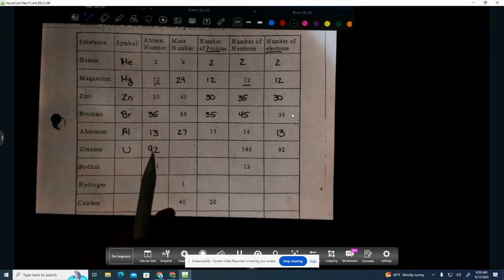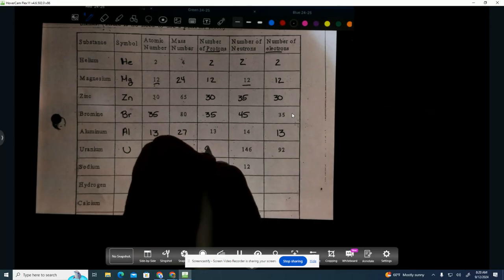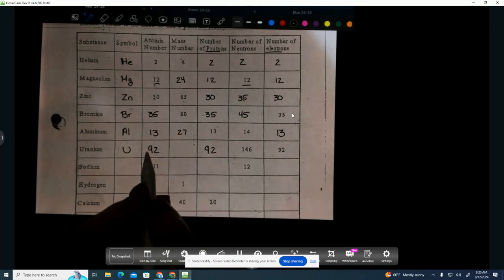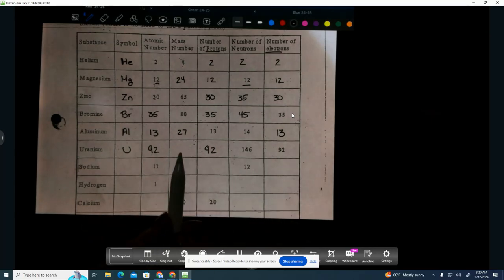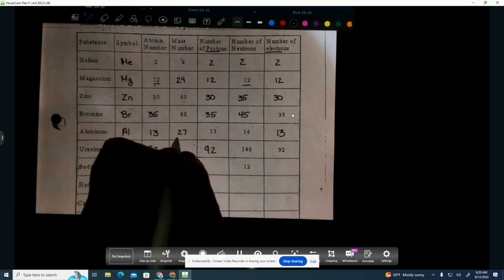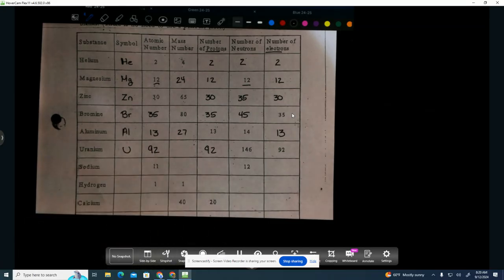And if it has 92 I wrote it in the wrong spot. 92 protons, then it also has to have 92 as its atomic number. What's its mass number? 54? No, that doesn't seem right.